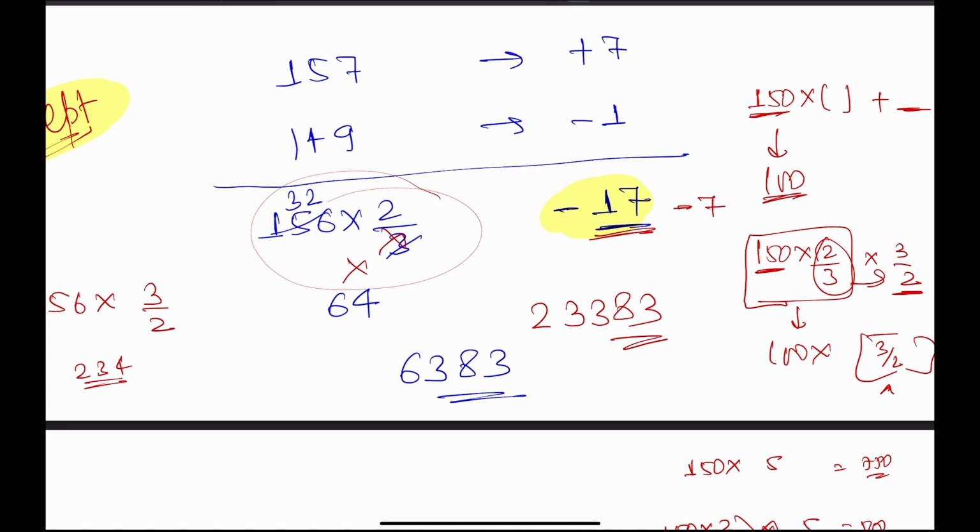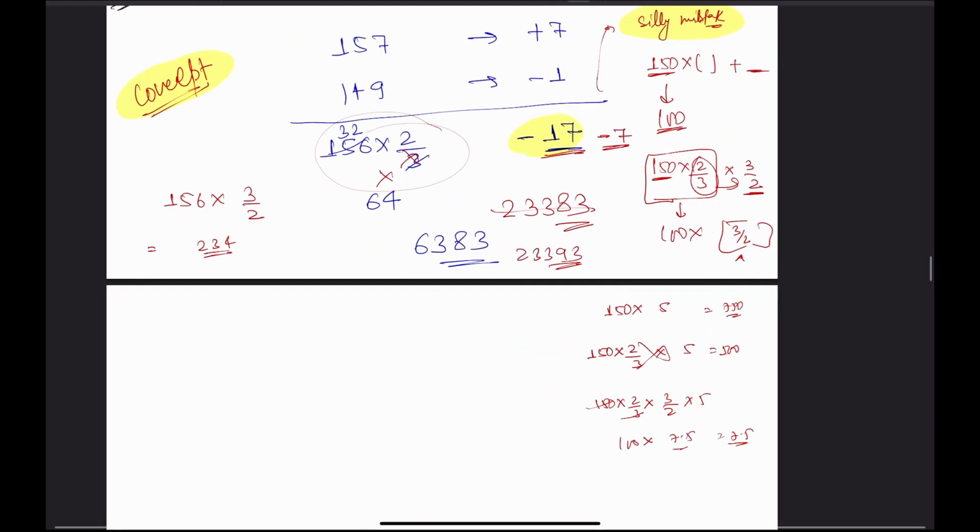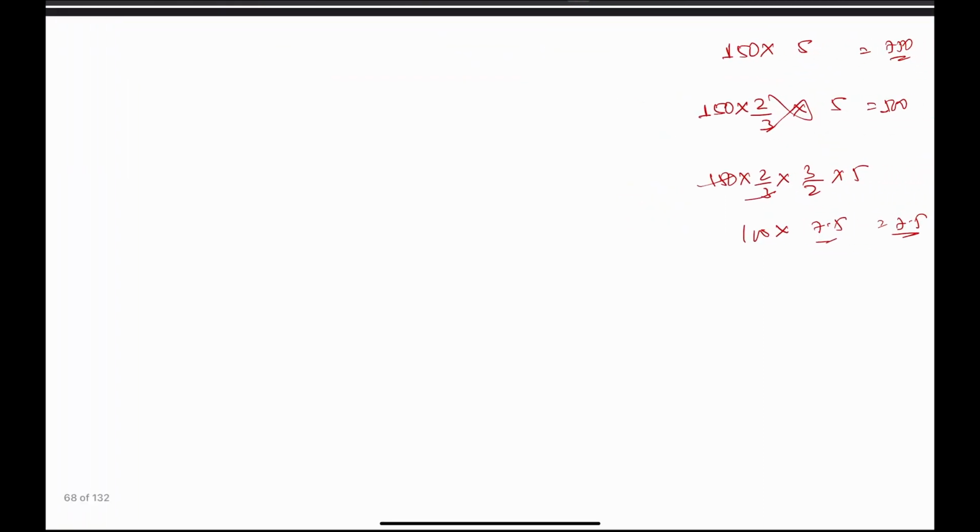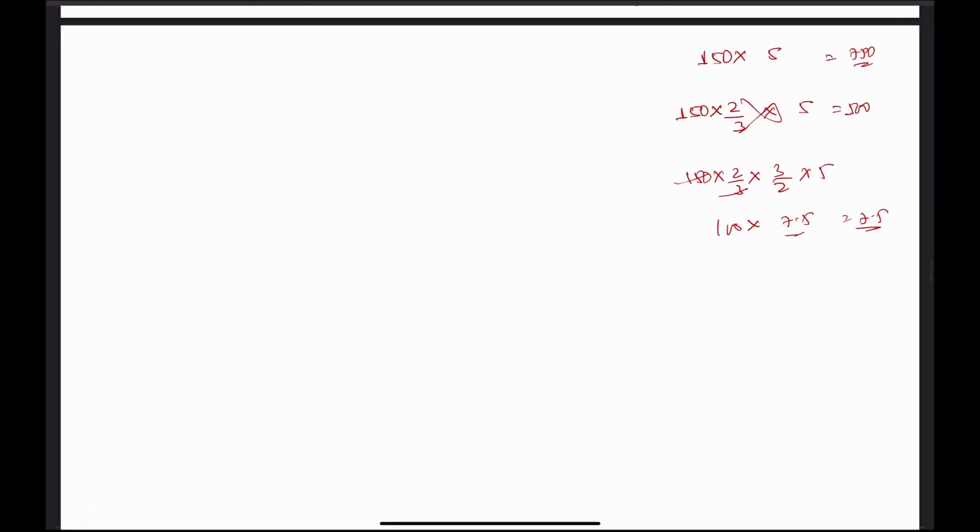This is just minus 7. Again, a silly mistake. I'm just making mistake after mistake, that's all. So if it's minus 7, 100 minus 7 is nothing but it is going to be 233.93. Yeah. So I think I'm making more and more mistakes now.